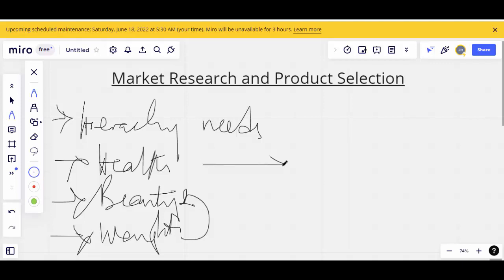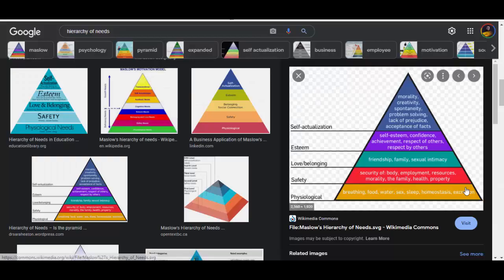Another niche that you can also look at is the security niche. But you will notice that these are not the only things that people truly want. When you look at Maslow's hierarchy of needs, people want self-esteem. We are going to talk a little bit about that when we look into the products to sell.